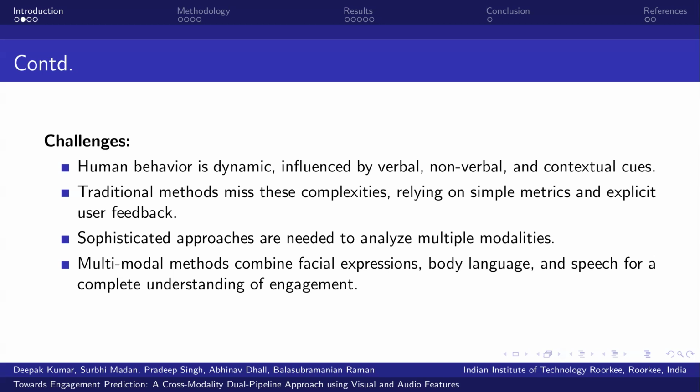To better understand engagement, more advanced methods are needed that can take different types of data together. Multimodal approaches, which combine facial expressions, body movement, and speech, provide a more complete view of engagement and help systems respond more effectively to human interactions. Our paper introduces a new cross-modality fusion method to tackle the challenges of engagement estimation using multimodal data.